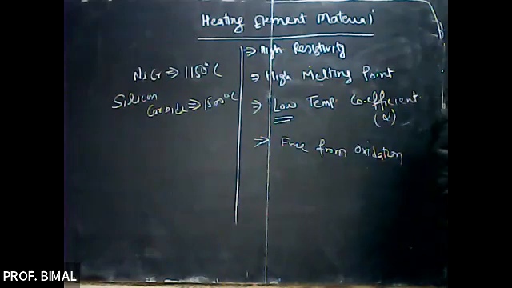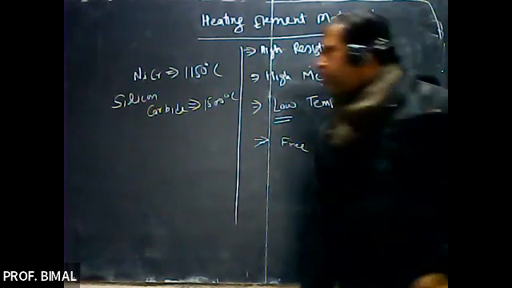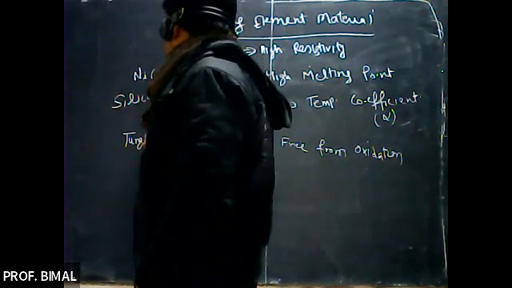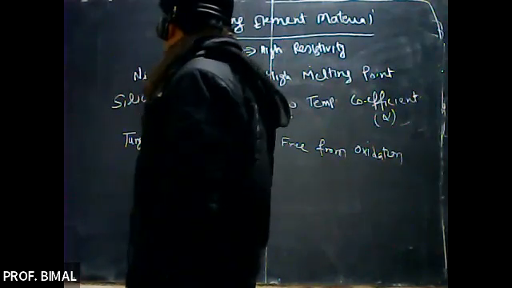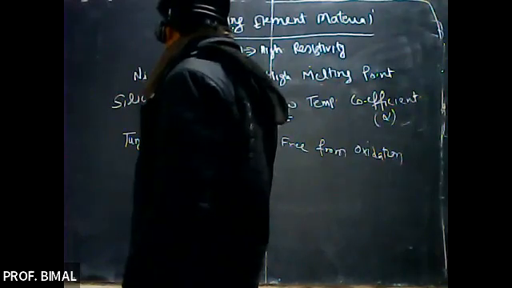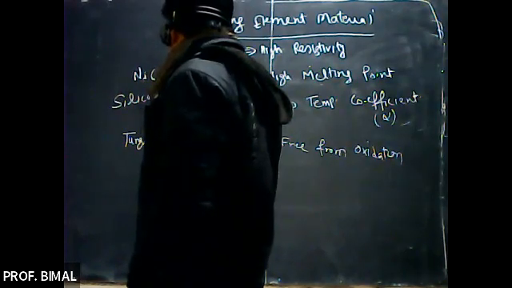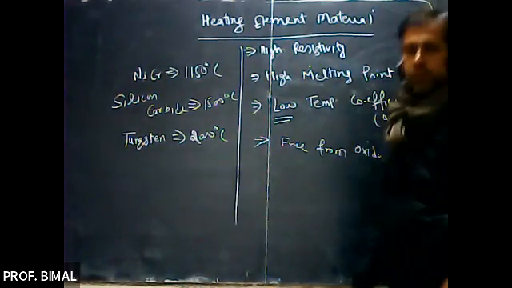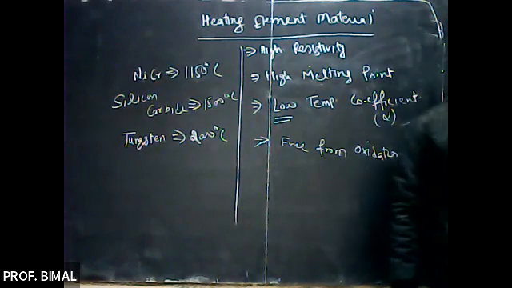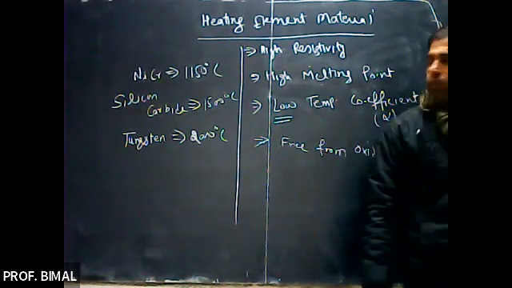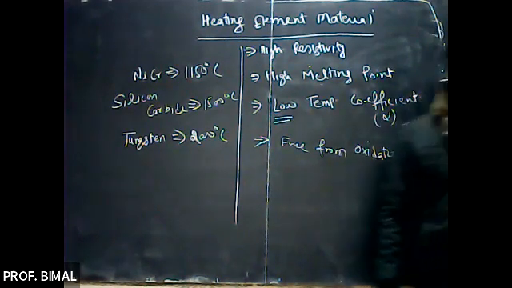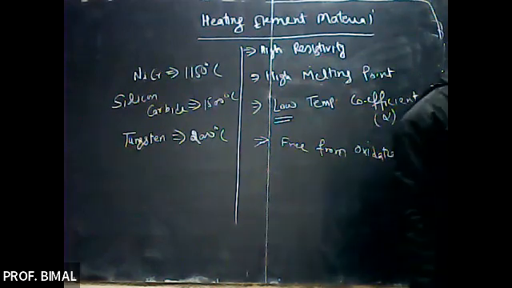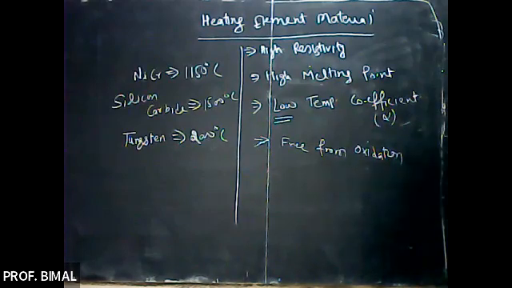One more element is tungsten. Tungsten is the material which may be used up to 2000 degrees C. If we need a temperature of up to 2000 degrees C, then we may use tungsten as the material, right?